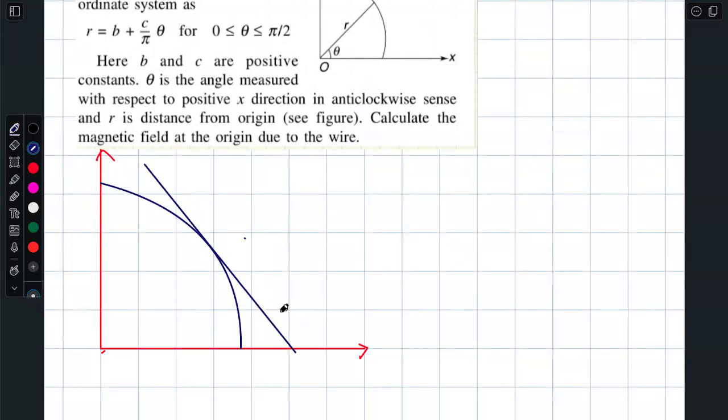I've drawn some tangent here, if you allow me. At this point, this is some small r, which makes an angle theta. Let us take a very small element here. Why do we require an element? Because what are our fundamental points in Biot-Savart law? I forgot already. Mu naught by 4 pi I dl bar cross r bar by r cube.